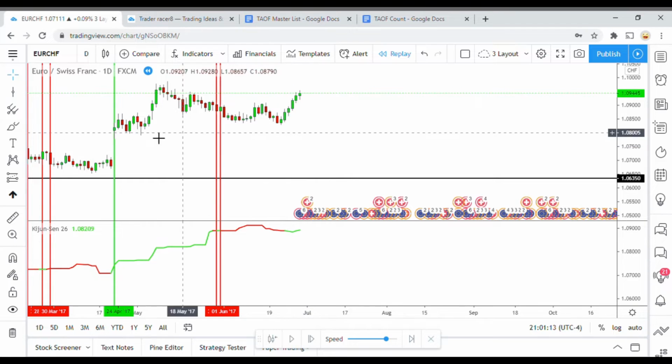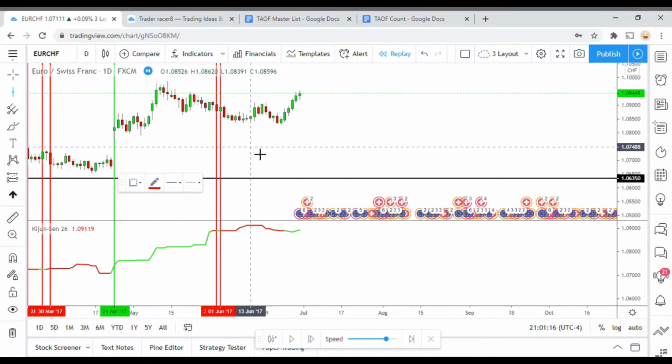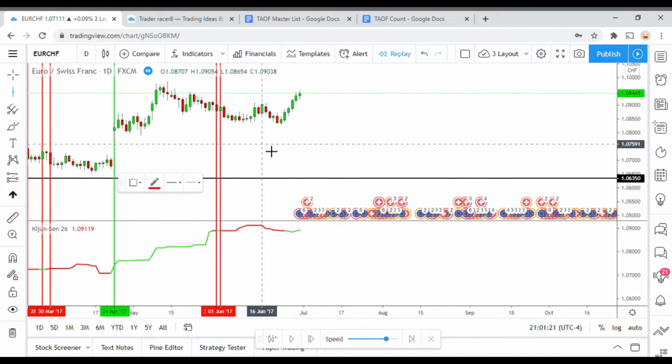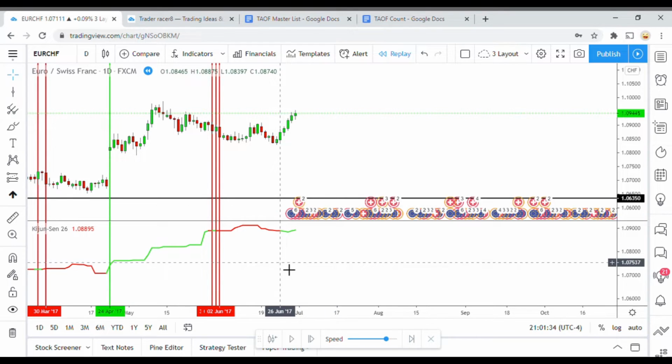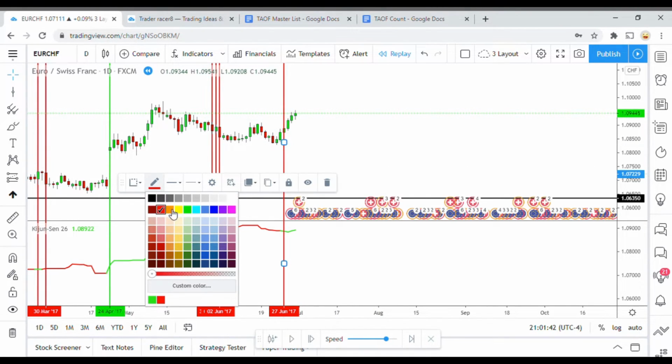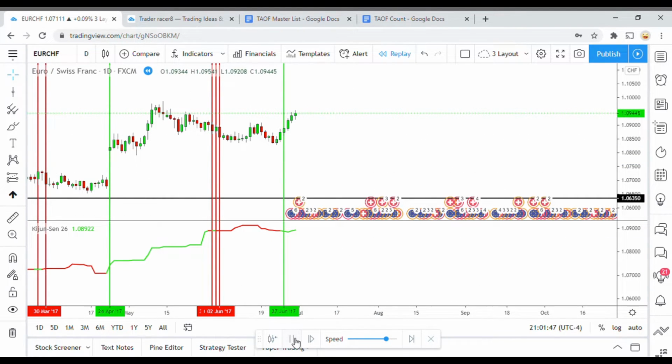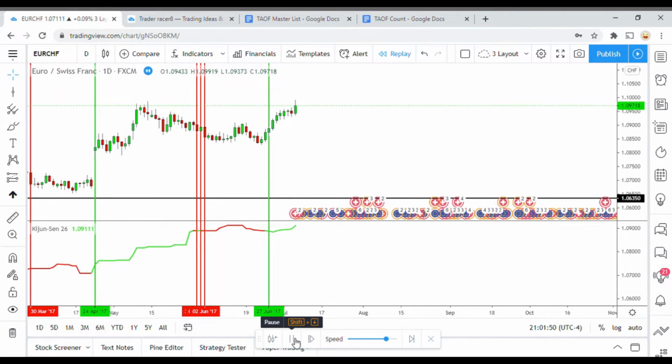Has not stopped us out either, but then we get a green signal, and so unfortunately that one is a losing trade also. There on that one. And we pick up this long right here, and that one got us to take profit.